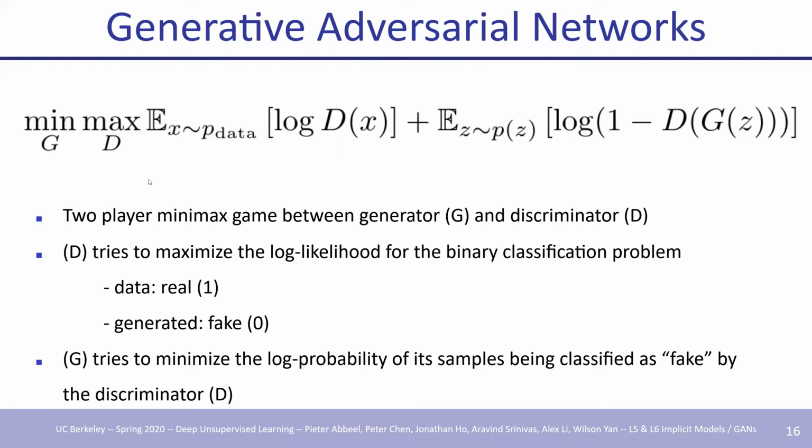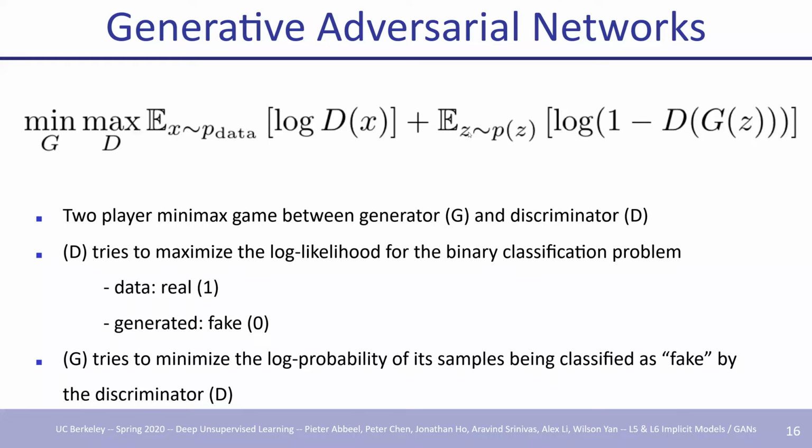So the loss function here has two parts. If you get the data from p data, so if it's real data, then we want to calculate the expected log of the discriminator. So this would be good if it's all one, right? The discriminator says, yeah, this is real because it is coming from the real data.